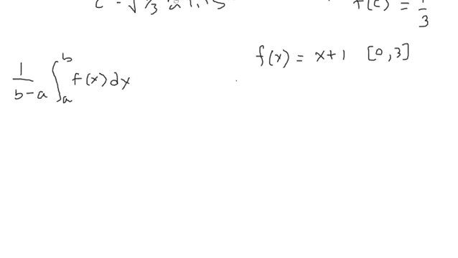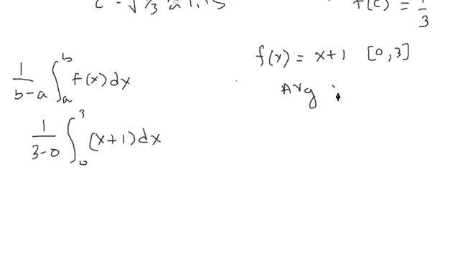This is what you're going to use, and then of course we need to set it up, and that is 1 over 3 minus 0, where a is 0, the lower bound, and the upper bound is 3, and of course x plus 1 dx, and you're going to be asked to find the average value.